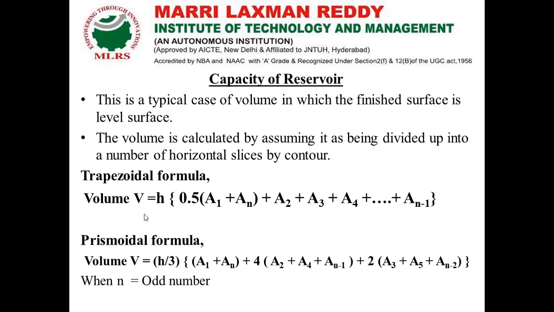This is the formula using the trapezoidal rule: V equals H into (A1 plus AN) divided by 2, plus the remaining areas. Instead of dividing by 2 we take 0.5, so V equals H into [0.5 into (A1 plus AN) plus A2 plus A3 plus A4 up to AN minus 1].